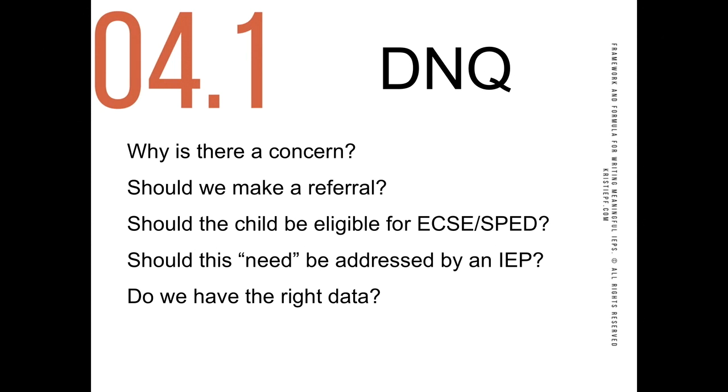But oftentimes we get through an evaluation and end up with high percentages of kids who do not qualify, meaning there are real concerns and there should have been a referral, but there's not enough data or evidence to suggest this is a delay or disability versus just a difference.